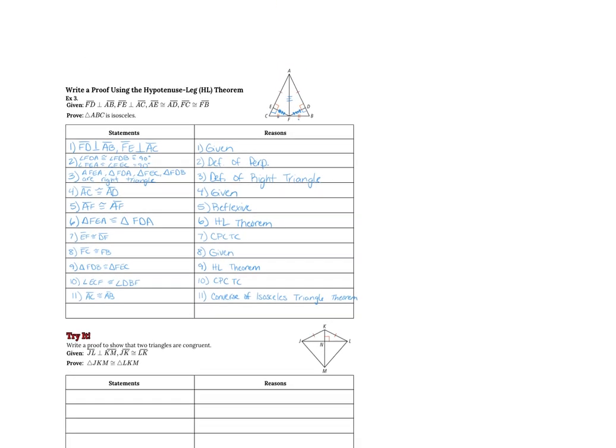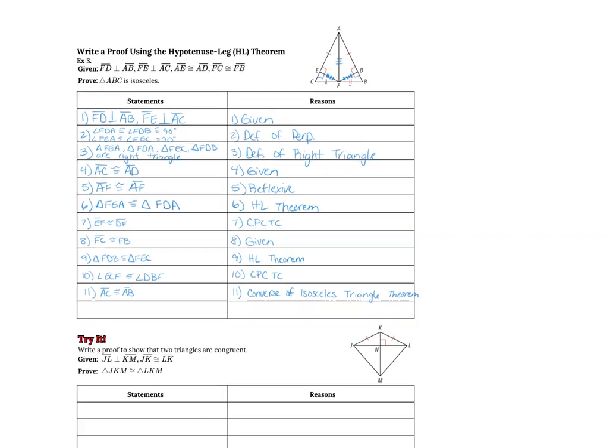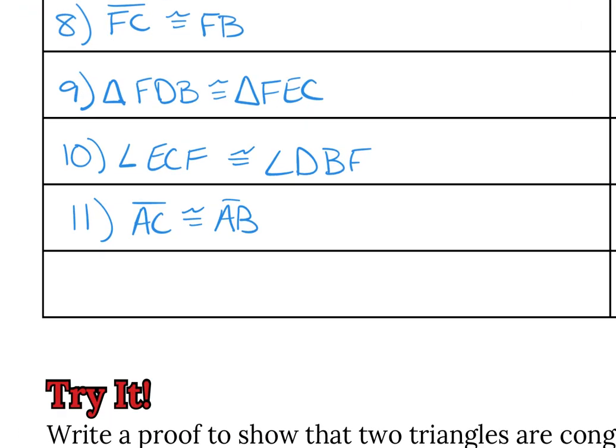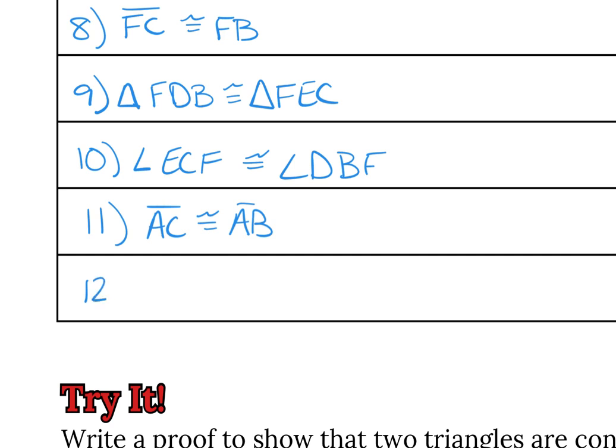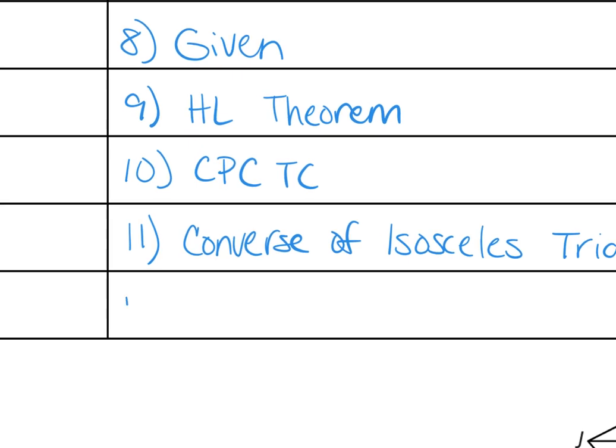Okay, and then once I've proven that AC is congruent to AB, then finally I can prove that triangle ABC is isosceles. And I can prove that through definition of isosceles.